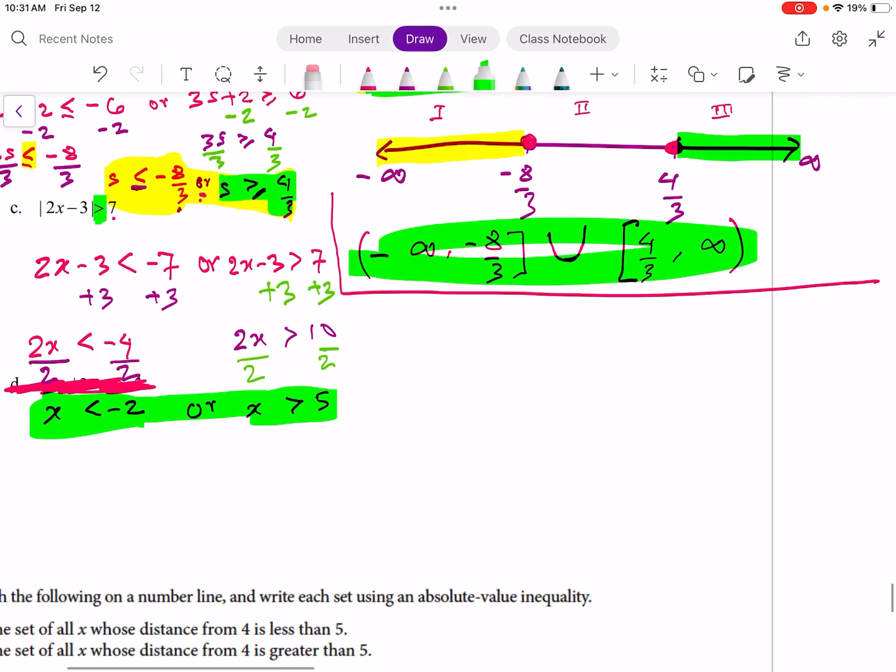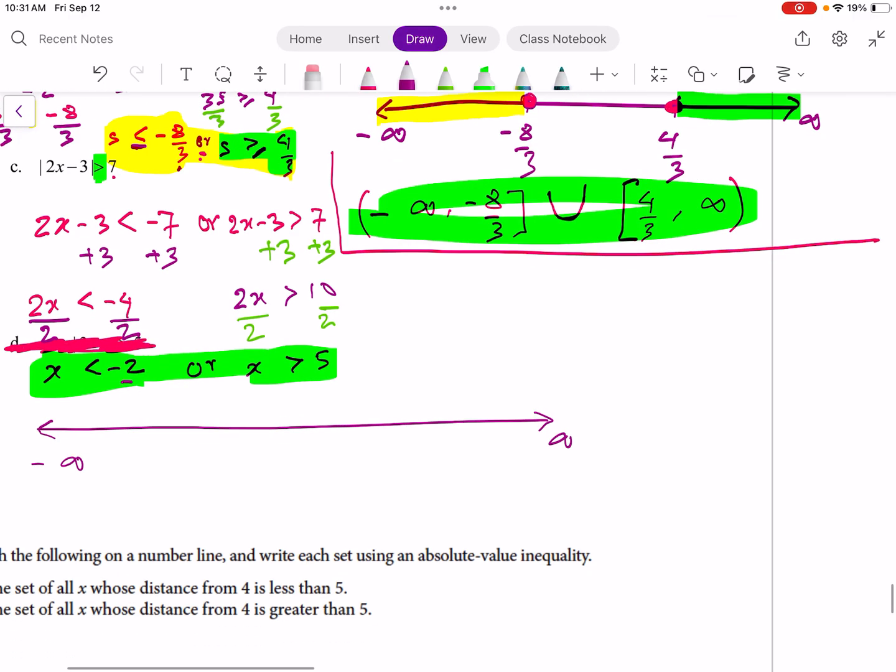Now let's write down this solution in interval notation. You draw a number line, negative infinity, positive infinity. So let's say -2 is somewhere here, positive 5 somewhere here. Now there is no equals to sign. So at -2, open circle. There is no equals to sign at 5, so open circle.